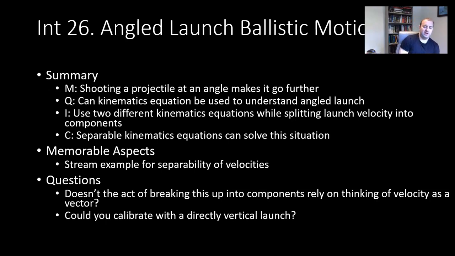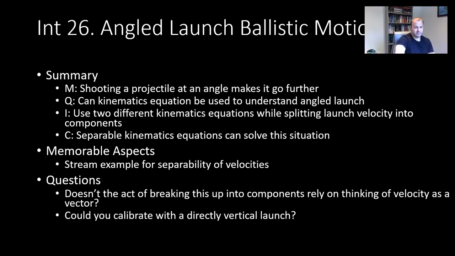Another thing that came up is the need to calibrate this using horizontal launch. Basically, the idea is that you'll launch it from an elevated position, do it horizontally, calibrate with that, and then change the angle and do it with an angled launch. Now, the basic need here, I believe, was to figure out the initial velocity of the launcher.